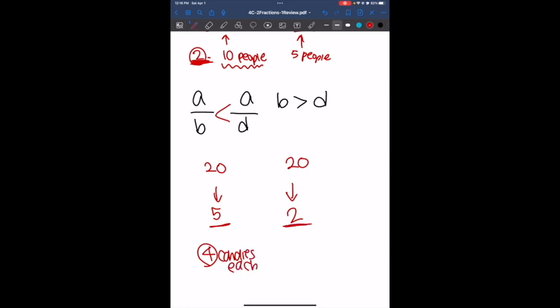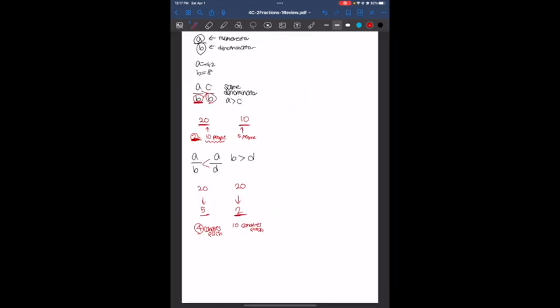But when you're only giving it to 2 people, each person receives 10 candies. So when the denominator is smaller, you divide by less, so the result becomes larger.